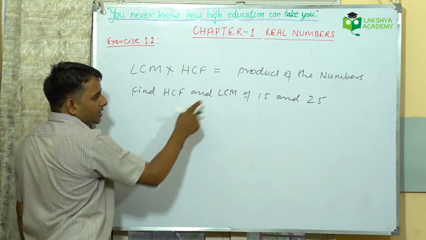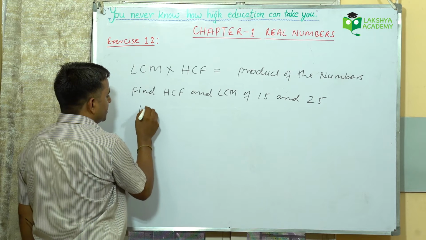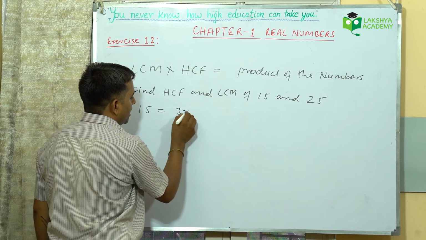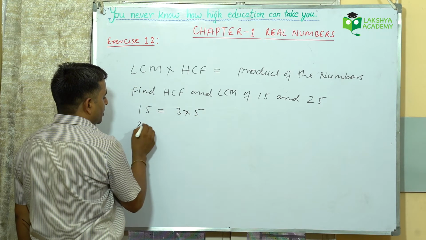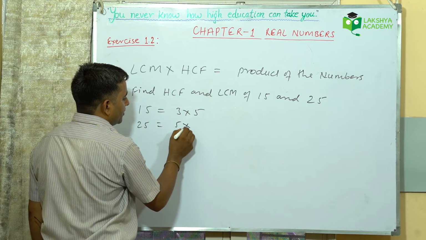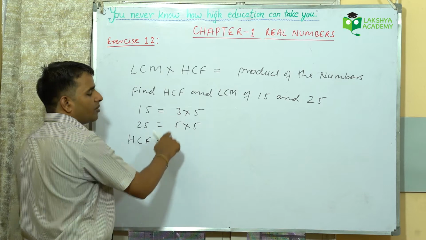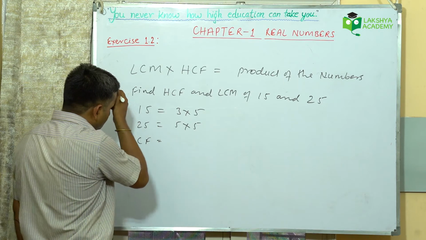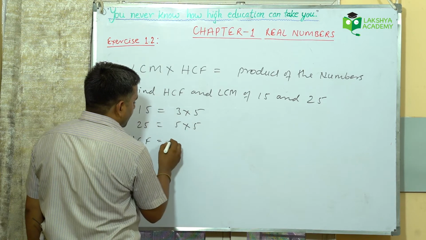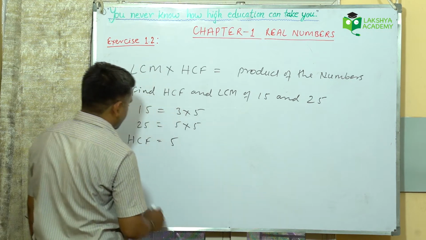To find it, we find the prime factors for 15, this is 3 into 5, and for 25, this is 5 into 5. The HCF is the common factor between both. So 5 is the only common factor. So 5 is the HCF.